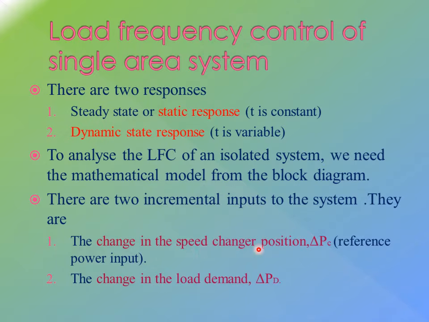One will be the speed changer position del PC, and the other one will be the load demand del PD. Based on these two inputs, we are going to do the analysis. And for our response, we have two responses. When your time t is constant, we'll say it as steady state or static response. When your time t is variable, we'll say it as a dynamic response.